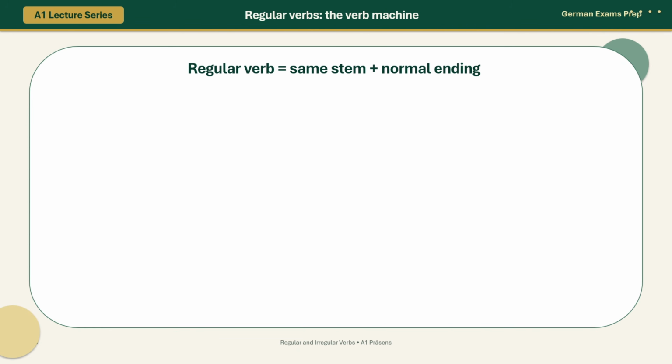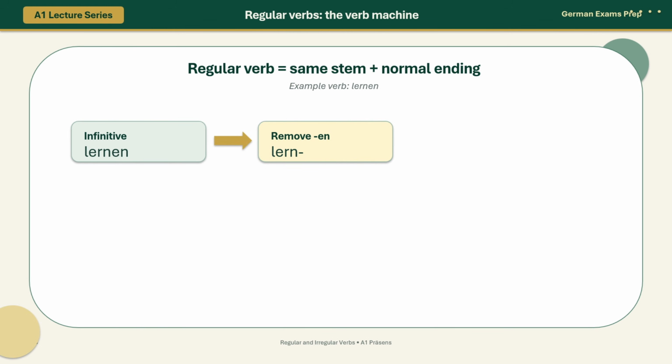Now let's start with regular verbs. A regular verb is easy because it follows a normal pattern. We take the infinitive, for example, lernen, then we remove en. Now we have the stem lern. After that, we add the correct ending.